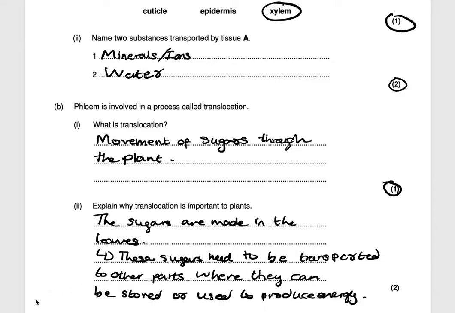Okay, you could have also said that they produce proteins in the plant to help the plant to grow. Okay, that would be worth 2 marks.